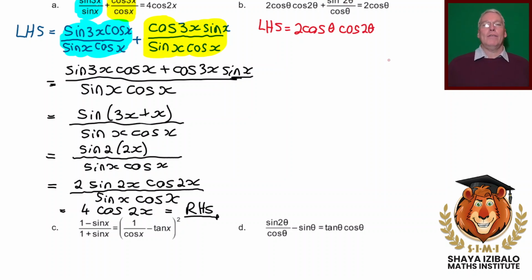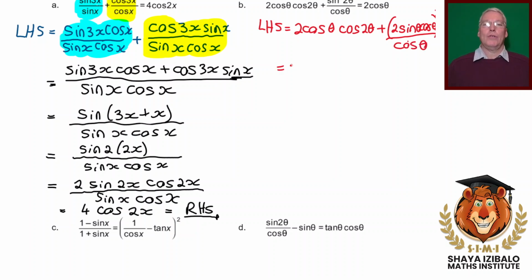So that means sine of 2 theta times by sine of 2 theta. Now when you multiply sine of 2 theta by sine of 2 theta, we're going to get 2 sine theta cos theta, and that's going to be squared over cos theta.